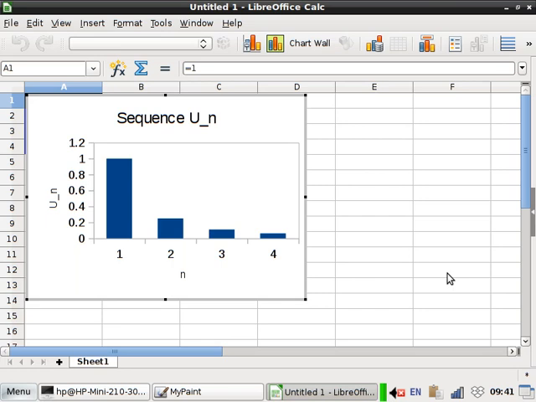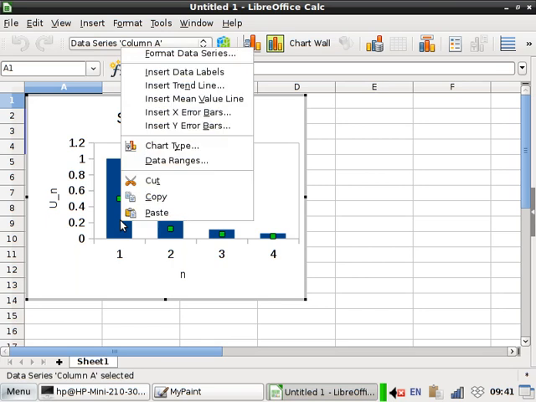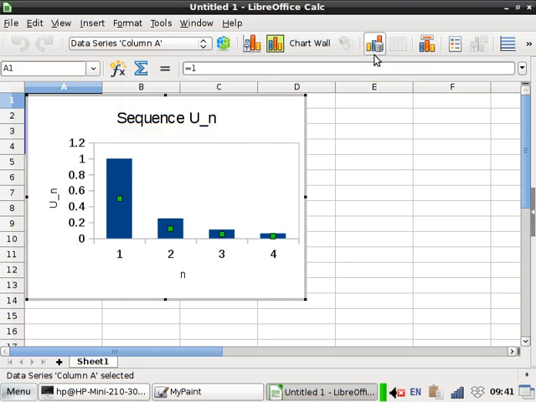Now, if I'm being very picky about it, I would prefer if the bars were touching. How do I change that here? It's not quite a histogram, but I want it to look like one. How do I edit this?